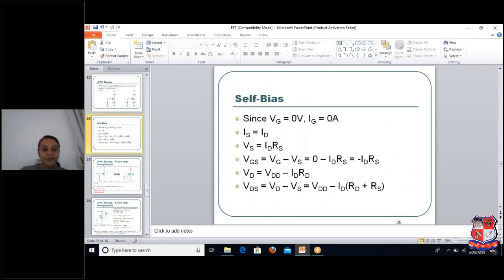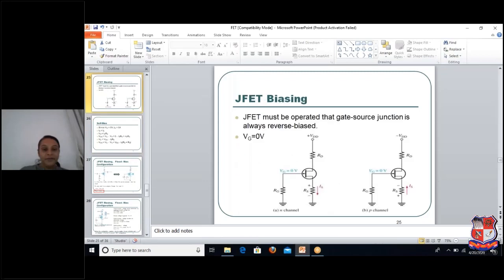Okay. So put the value of VG 0, find the drain current, and VD equal to VD. VD is your drain voltage. So across the output side of the operation, we apply the voltage.